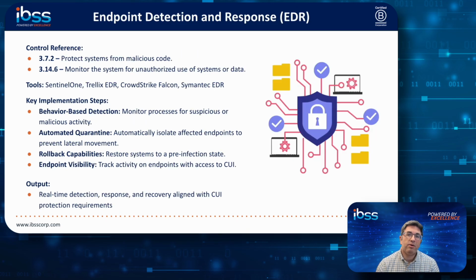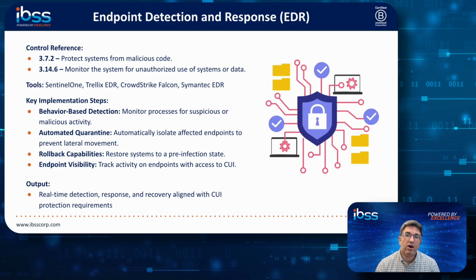Also, we've got to look at EDR, endpoint detection and response. EDR solutions provide advanced security for endpoints by detecting and responding to threats in real time. Controls 3.7.2 and 3.14.6 require protection against malicious code and monitoring of system usage. Solutions like SentinelOne, CrowdStrike, and Trellix EDR analyze behavior to detect anomalies, automatically quarantine affected systems, and offer rollback capabilities to restore endpoints to a clean state.